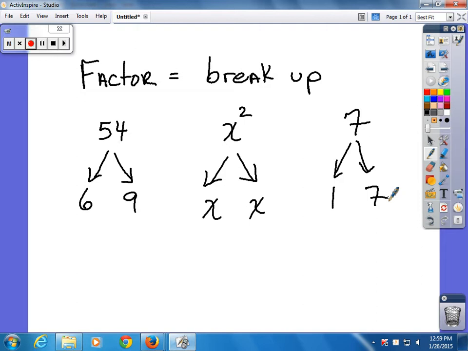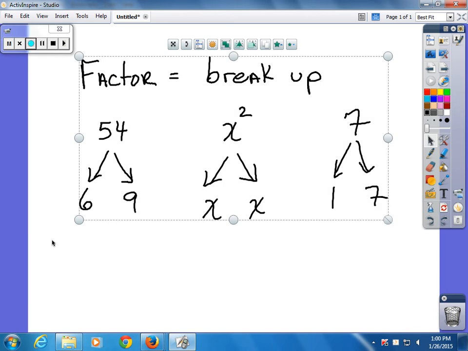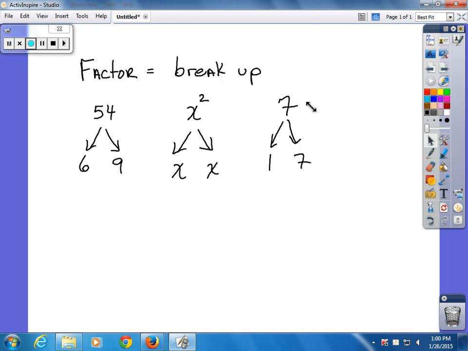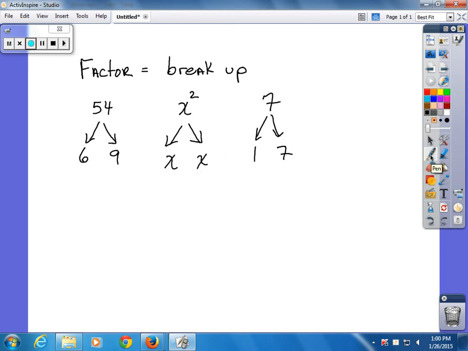There are some things you can't factor. 7 you can because it's a prime number. What if I was to put up x minus 1? Well, see, you can't factor x minus 1 because it is worse than a prime number. It's not factorable.